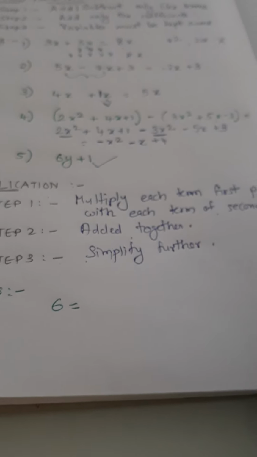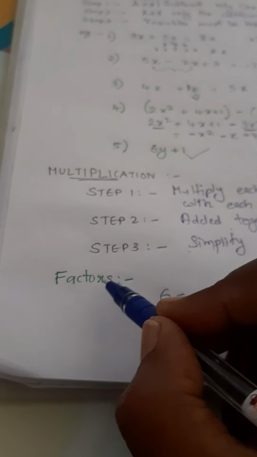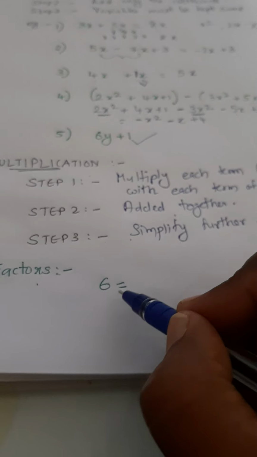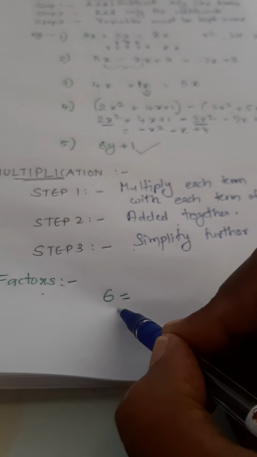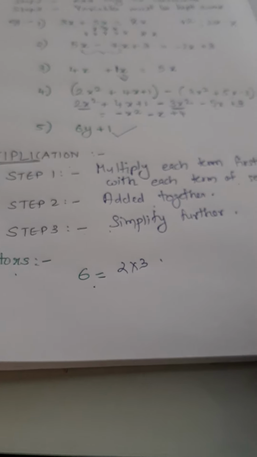Okay. Now one more thing, before performing multiplication of polynomials, let us go through the basic definition of factors. So what are factors? For example, if I just take a number 6, it can be factorized into 2 into 3. Okay.